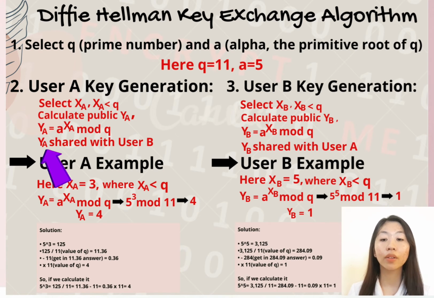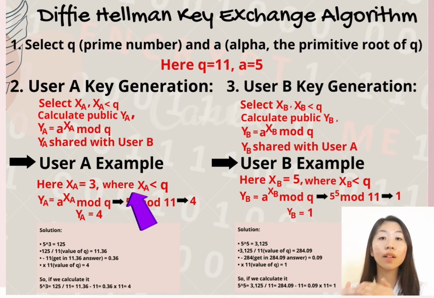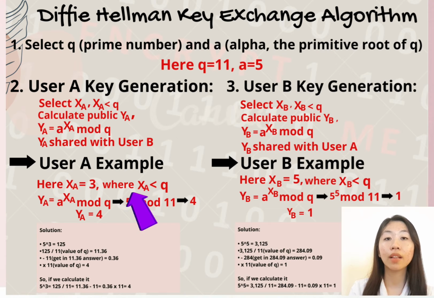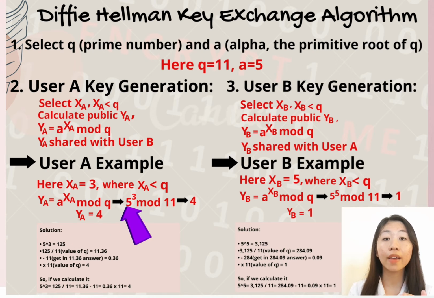So let's go to the user A key generation example. Here, XA is equal to 3, where the condition is XA less than Q. So XA is equal to 3, less than Q which is equal to 11, so 3 is less than 11. YA is equal to alpha raised to XA mod Q. A is equal to 5, and our XA is equal to 3.